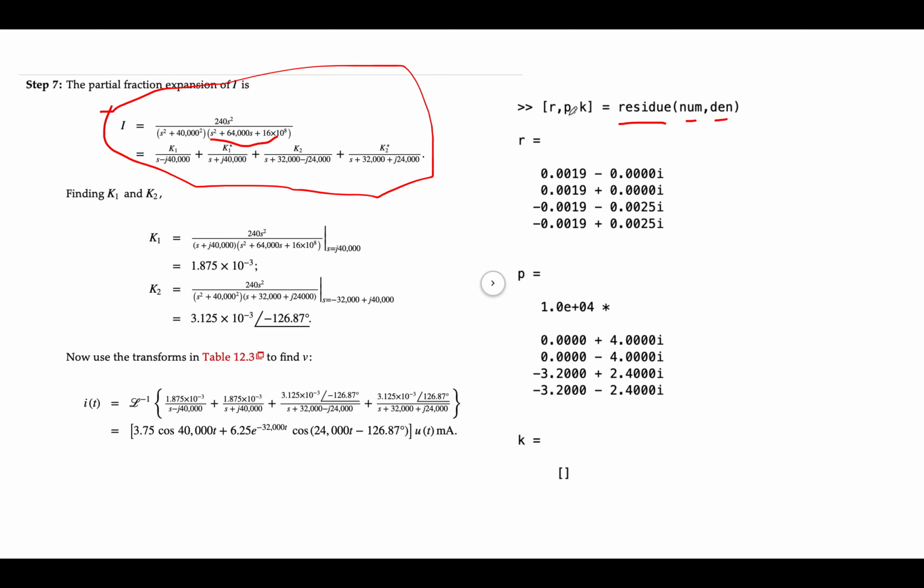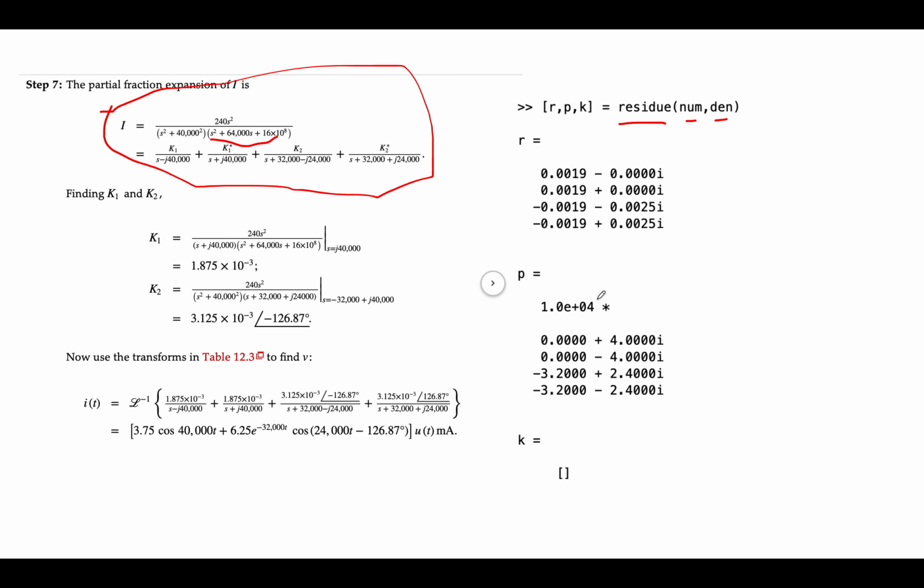P are the poles, and K is, if your numerator is of a higher order than your denominator, MATLAB will generate those terms. Now, in our case, our numerator is of lower order, so our K is going to be an empty set. P are the poles, those are the roots for each part of the denominator, so let's look at those.